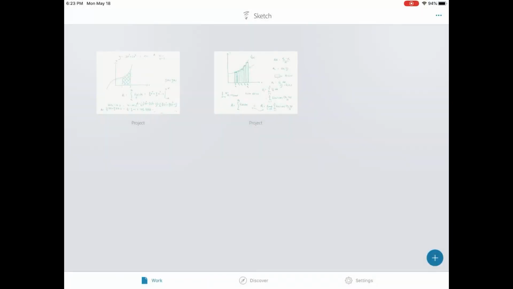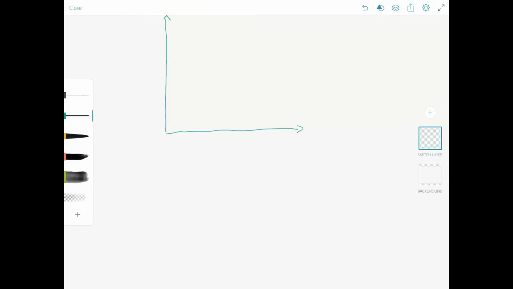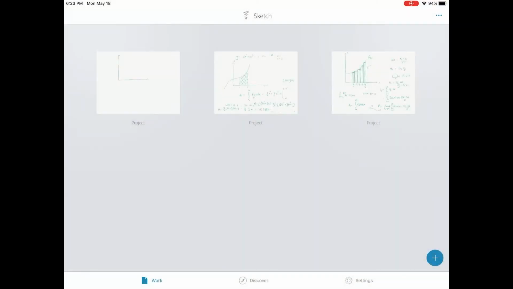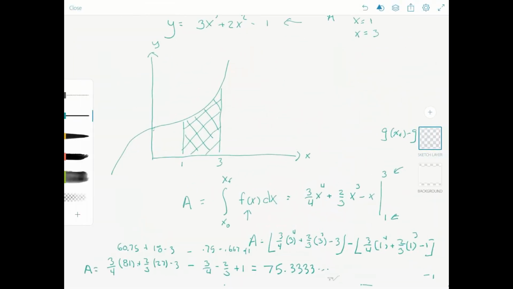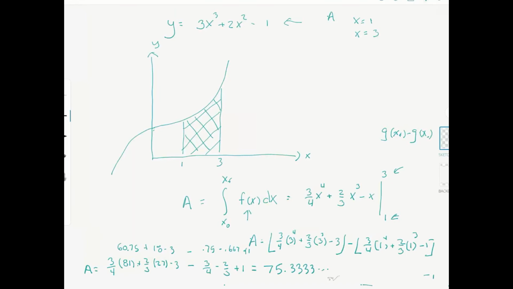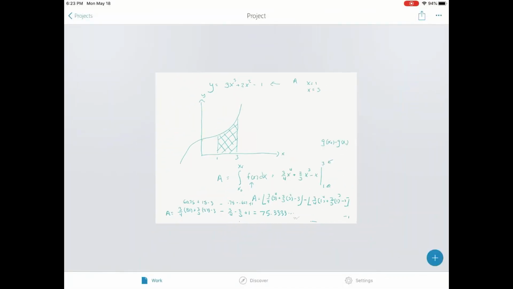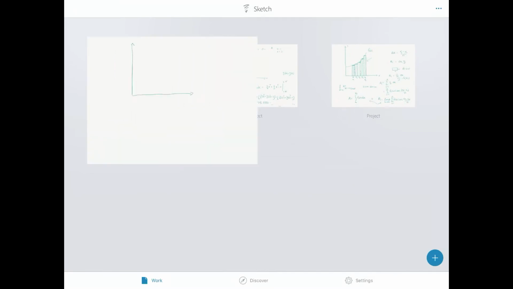Now, what I like is another approach. Let's close that and get a new board. Okay, so now let's look at it this way. What was our function? Let's go back and take a look at that. It was 3x to the third plus 2x squared minus 1.